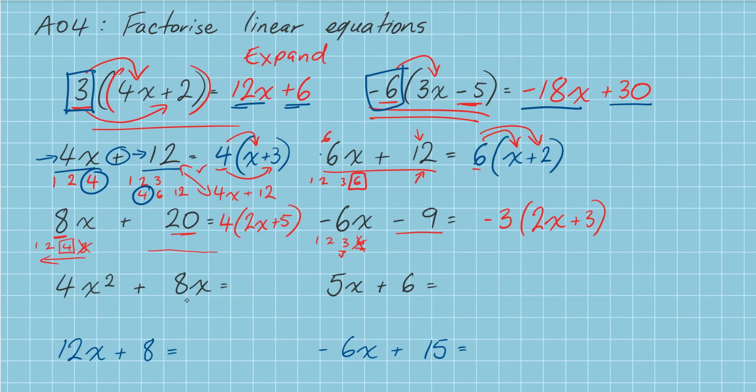So let's just double check to make sure I've done this right, because we've been dealing with the negative. Minus 3 times 2, that is minus 6x. Yes, that's correct. Minus 3 times plus 3 is minus 9. Is that correct? Yep, that's correct as well. So we've done that one correct.